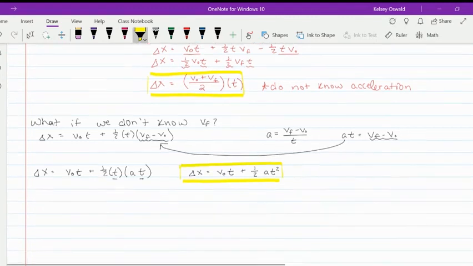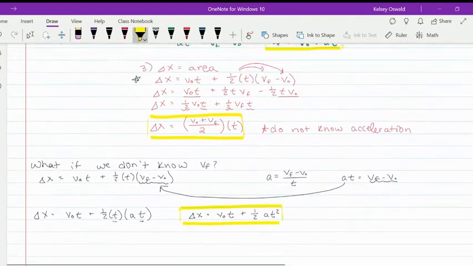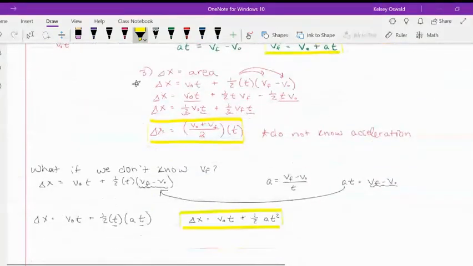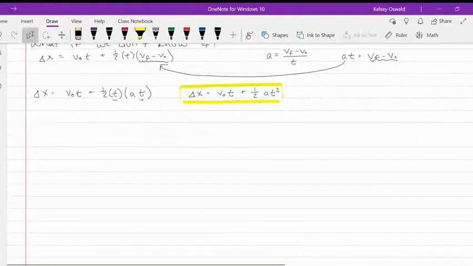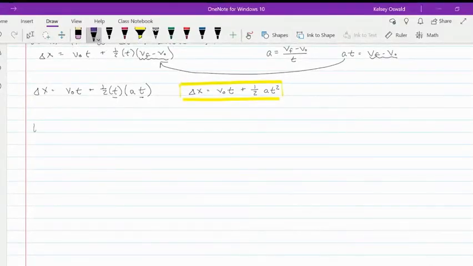We are going to look at one more. Okay, so all of these equations include time. So the last one we're going to look at is, what do we do if we don't know time?